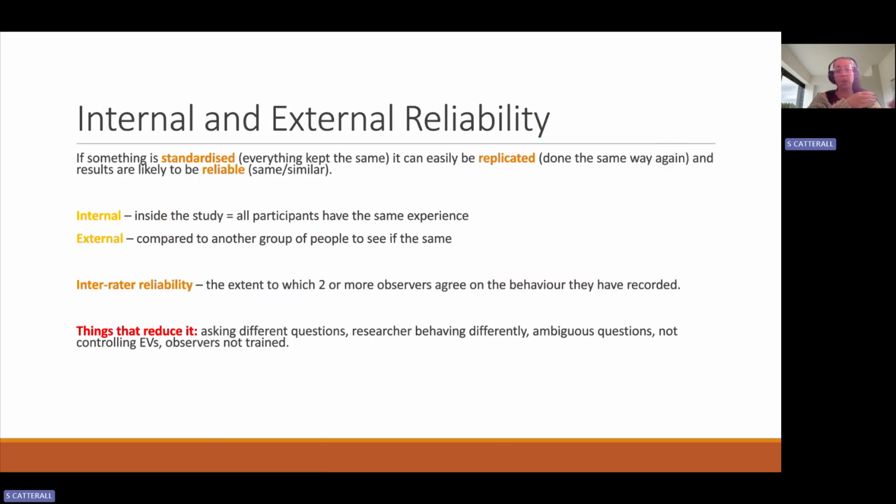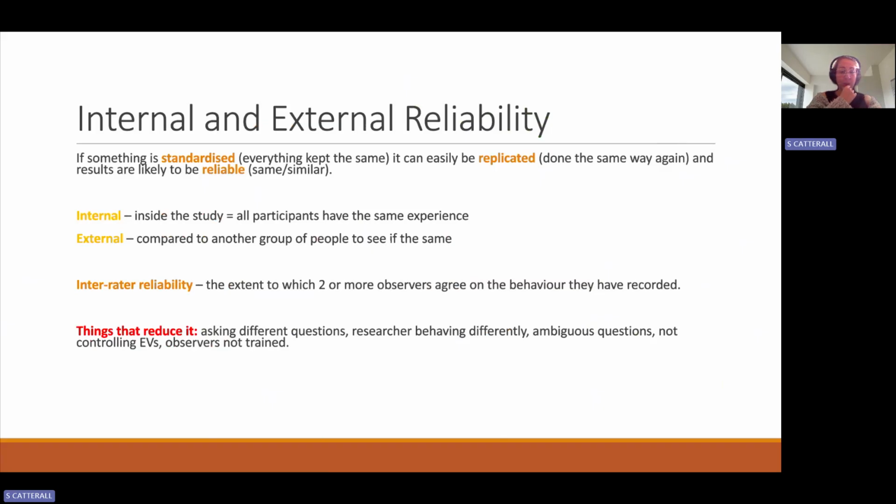Because there could also be the researcher behaving differently. You don't have that problem in questionnaires, but you do have that problem in interviews, you have that problem in observations, you have that problem in experiments. So the way that they behave might have an impact. Like you could have the researcher scowling at one person, but not at the other, for example, being friendlier to one than the other. Ambiguous questions affect reliability because they might interpret it one way at one time point, but a different one at a different time point.